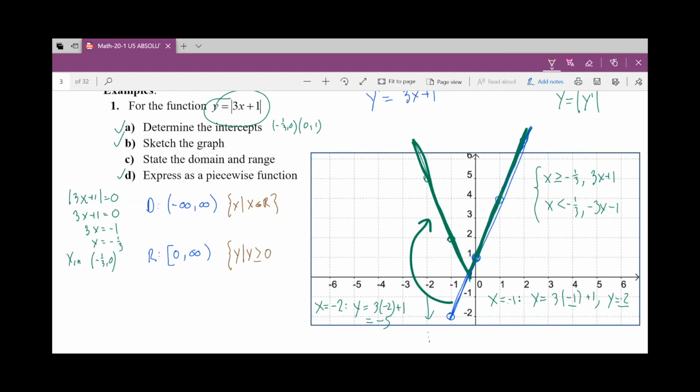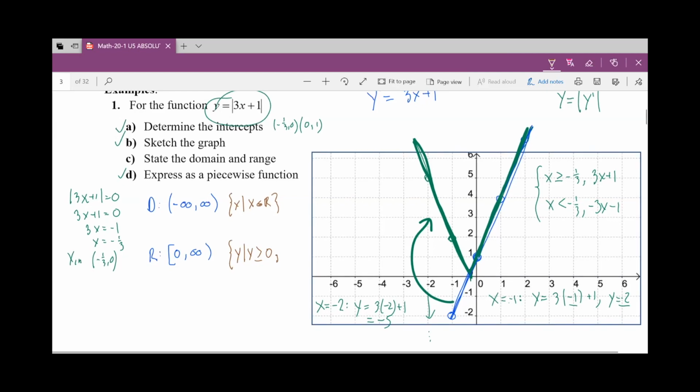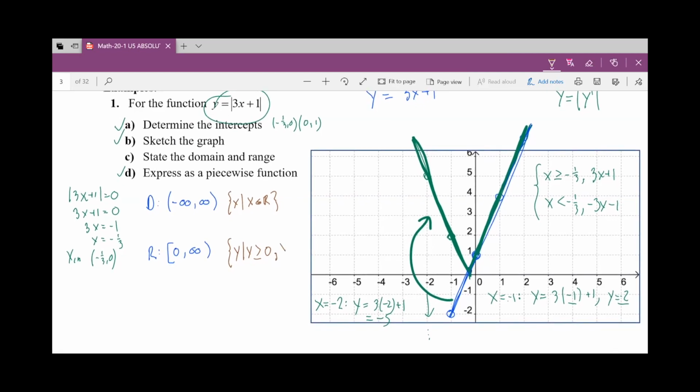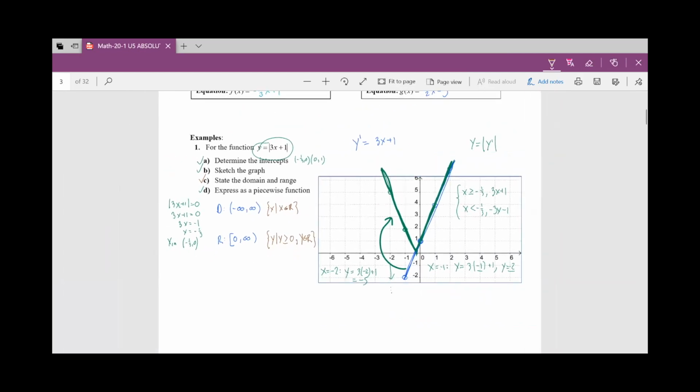When y equals 0, x equals -1/3. So that's good. And as long as it's 0 or greater and a member of the real numbers, we are happy. So there's your domain and range using both interval notation and set notation. And now we are done this question.